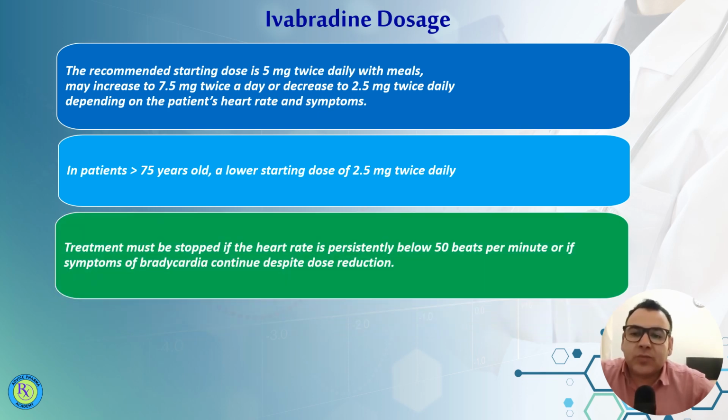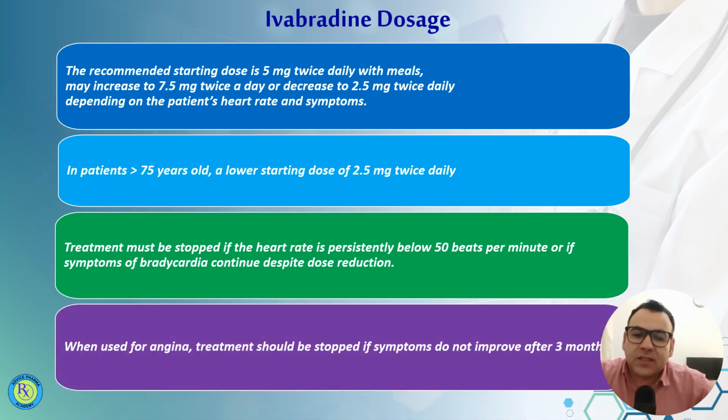Treatment must be stopped if heart rate is persistently below 50 beats per minute or bradycardia despite dose reduction. It has another indication for angina, and treatment with ivabradine needs to be stopped if there is no improvement after 3 months of medication trial.